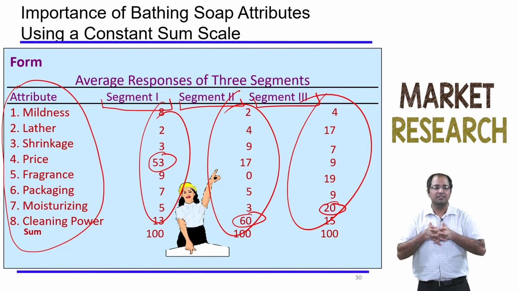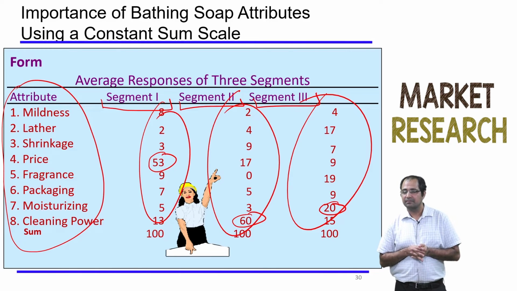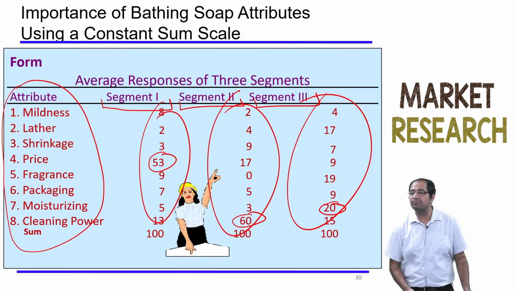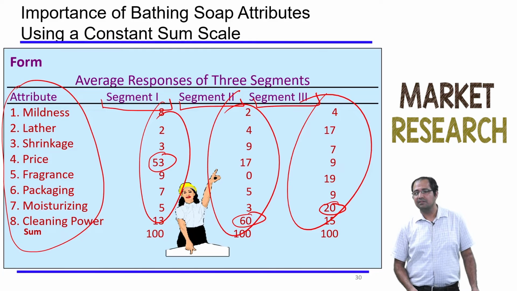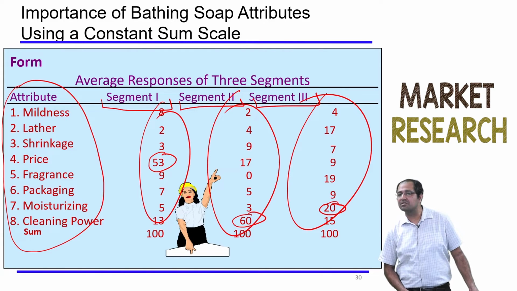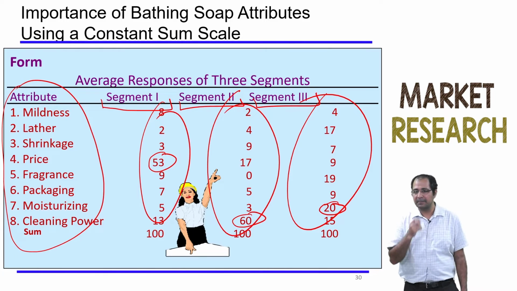I have said 0 to 100, you can allocate points across these attributes. True zero. Then why is it not a ratio? Why am I saying it is comparative scaling? Where I said comparative scaling, you will get a scale which is ordinal in nature. But what you are getting here is similar to ratio.